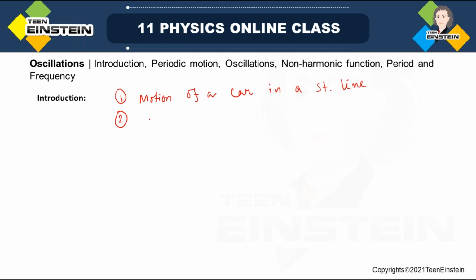Then I'll write another type of motion, that is circular motion. Even in the case of planetary motion, it is similar to circular motion.